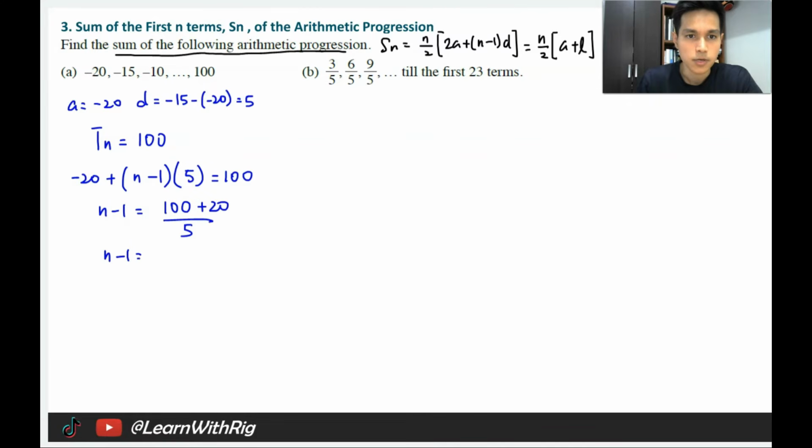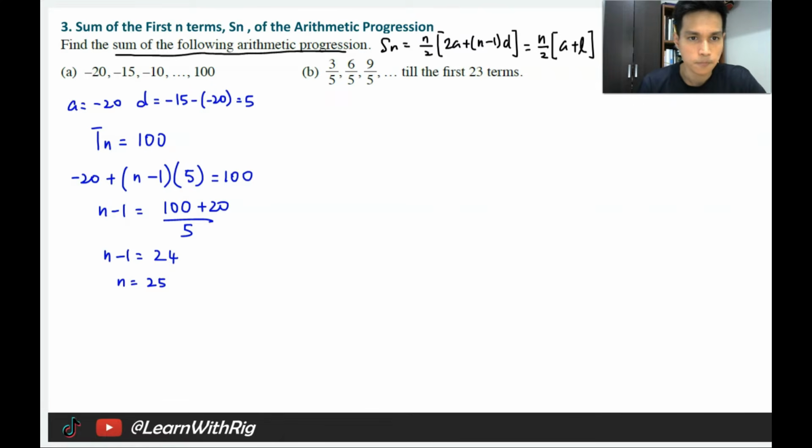So n minus 1 is 24, so n equals 25. So you know that in this sequence, from negative 20 all the way to 100, there are a total of 25 terms.